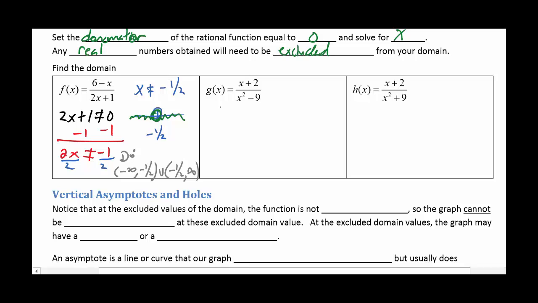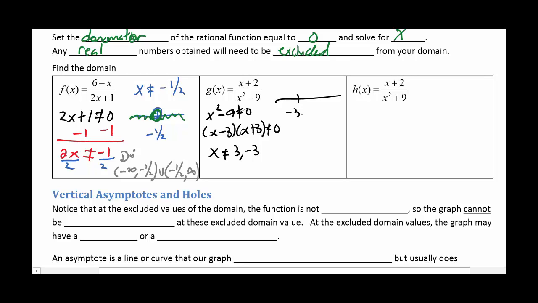In the next case, we can set that equal to 0 and solve. And that's actually a good difference of two squares there. So x minus 3, x plus 3. So we get x does not equal 3 and negative 3. We don't want those.